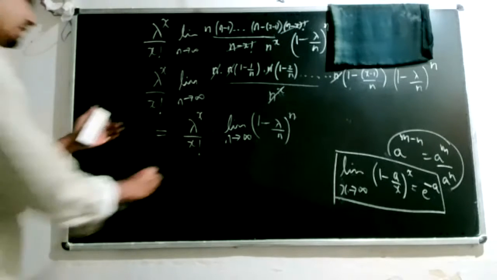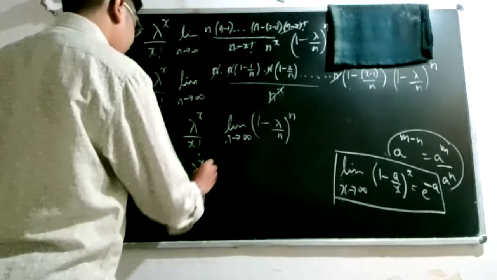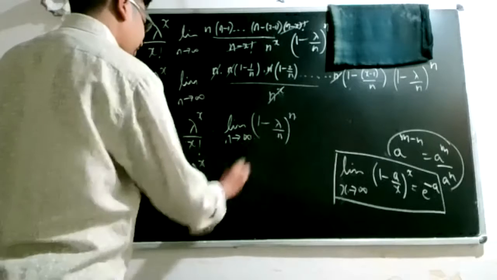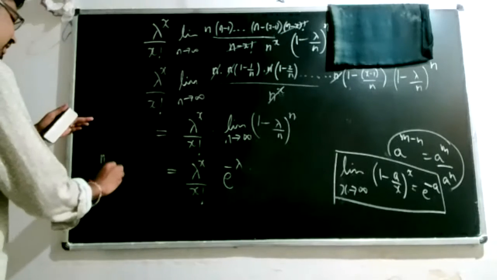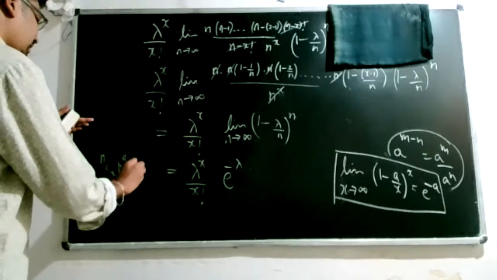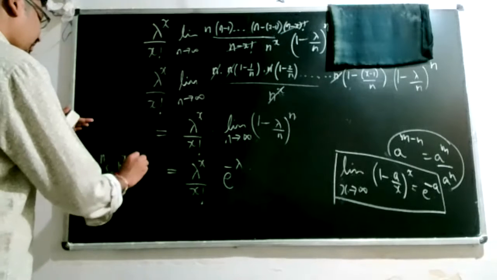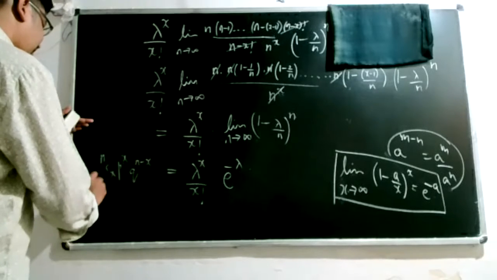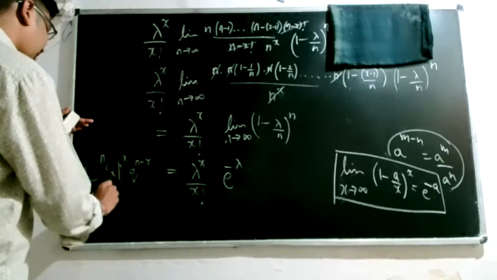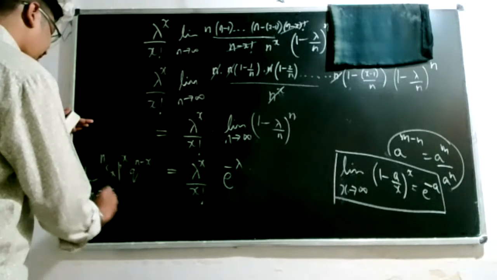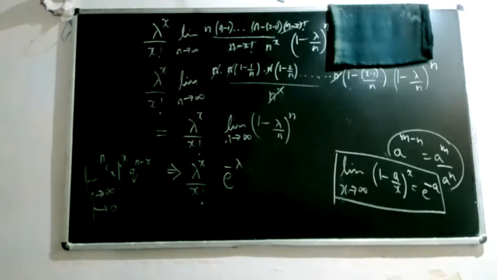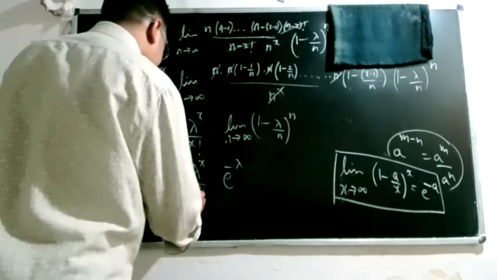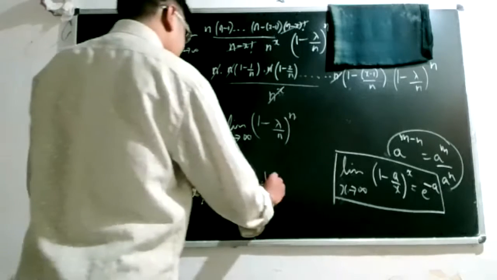So if I apply that, I get e power minus lambda. So your nCx p to the power of x q to the power of n minus x, under the limit n tends to infinity and p tends to 0, has become lambda power x e power minus lambda by x factorial, which is the PMF of Poisson.